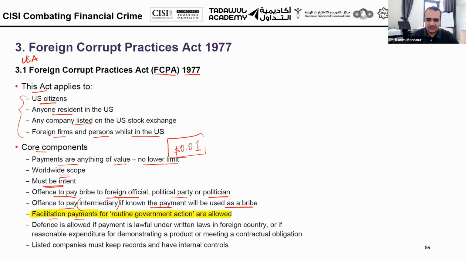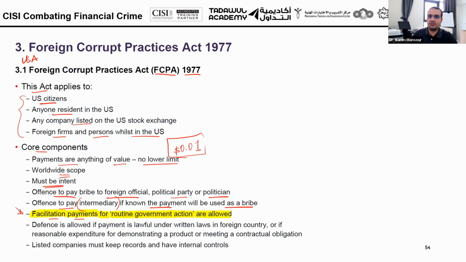You pay some official a certain amount to just connect this for me quickly, please. They also mentioned something about licenses and visas. Pay somebody a certain amount to sort of move it for you.